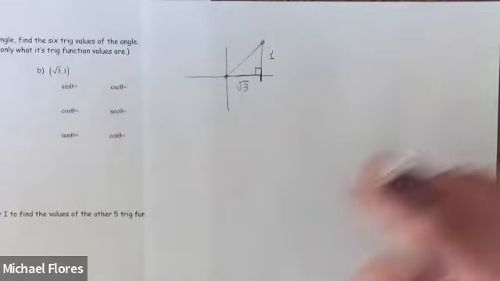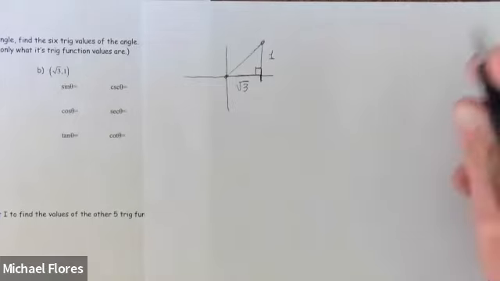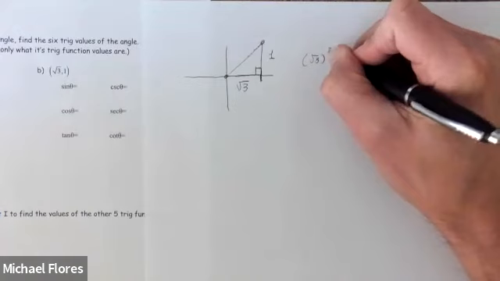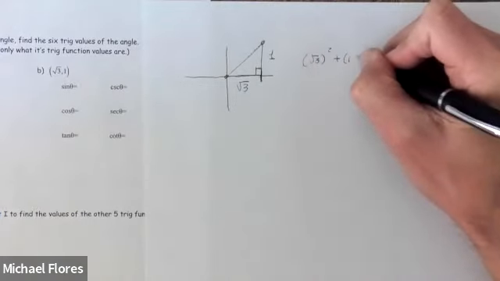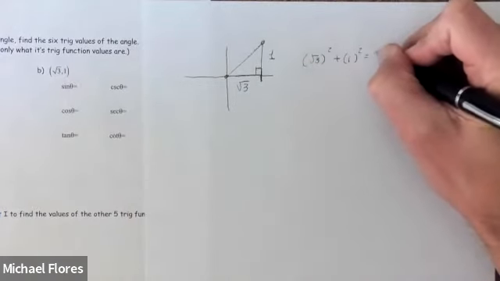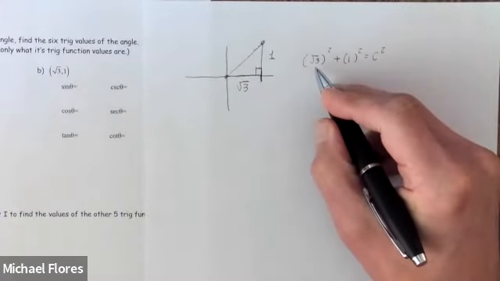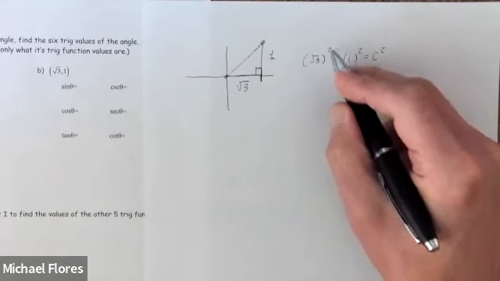And once again, we can use Pythagorean theorem to find our hypotenuse. Square root of 3 times square root of 3, because we're squaring something, right?